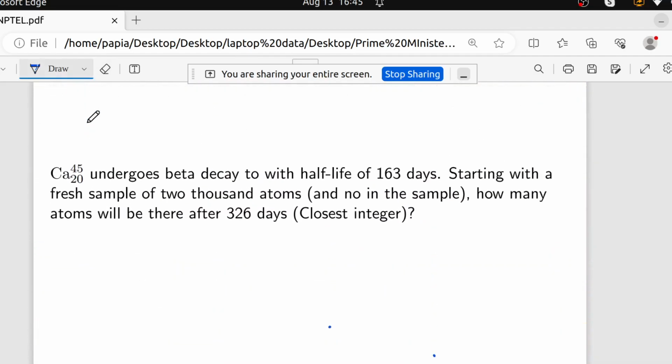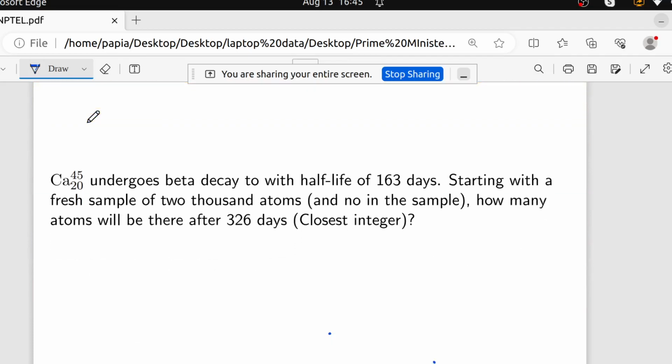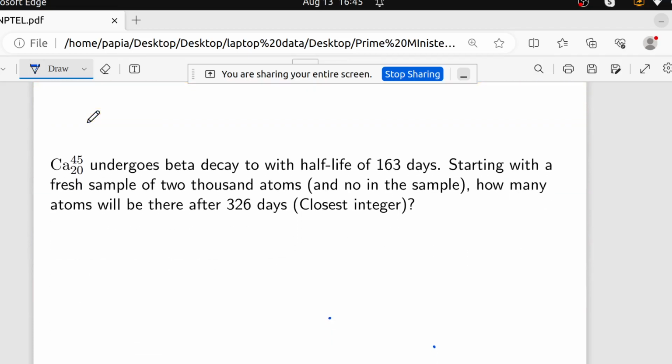Okay, so this is the fifth question. What was the fifth question? Calcium-45 undergoes beta decay with half-life of 163 days, starting with a fresh sample of 2000 atoms. How many atoms will be there after 326 days?